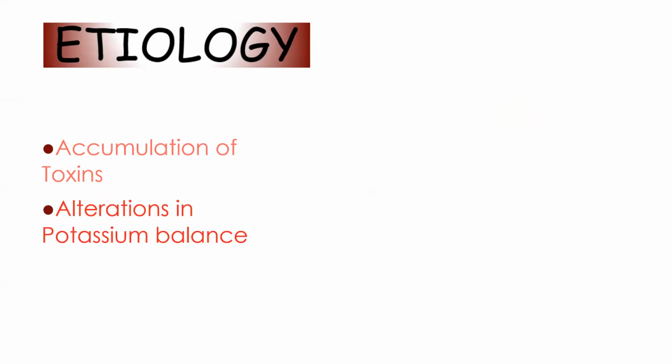Next, we have alterations in potassium balance. The total body potassium is determined by the balance between potassium intake and excretion. Decreased pH. The pH scale ranges from 0 to 14, as we all know, and the neutral pH is 7.